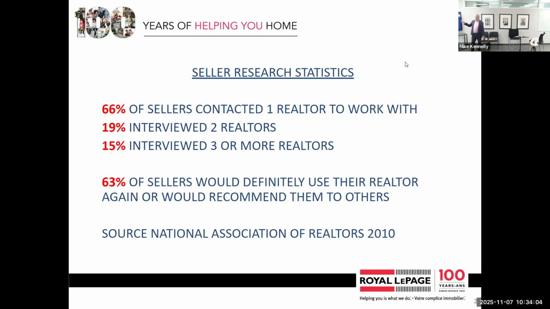This research was to find out how many times a realtor has to visit to actually get the listing. In 2/3 of the situations, 66%, it only requires one visit. So one realtor gets the property 66% of the time. 19% interviewed 2 realtors, 15% interviewed 3 or more. 63% in this survey said that they would use their realtors again or recommend them to others.